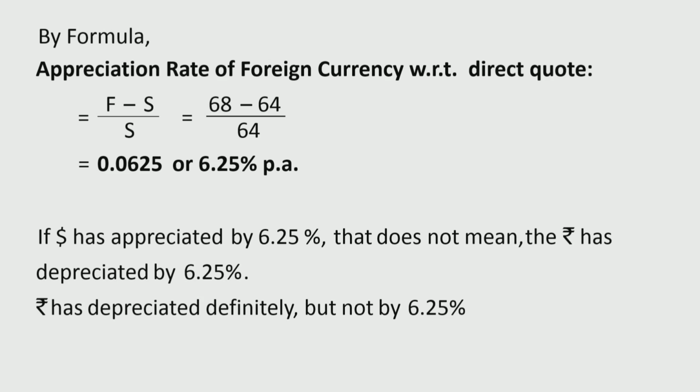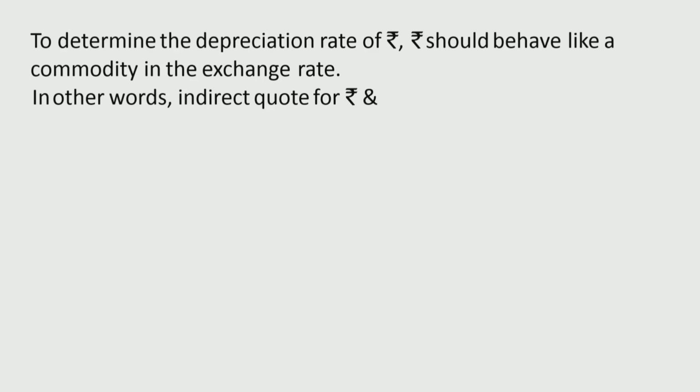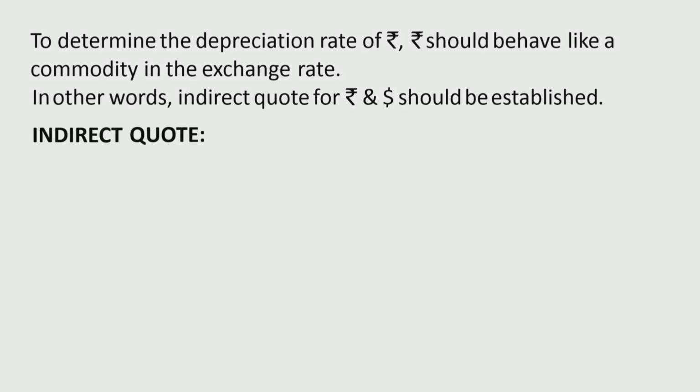Let us move ahead and do the later part of the calculation, that is to determine the depreciation rate of rupee. To determine the depreciation rate of rupee, rupee should behave like a commodity in the exchange rate. In other words, indirect quote for rupee and dollar should be established. So indirect quote would be found by taking inverse of the given direct quotes.